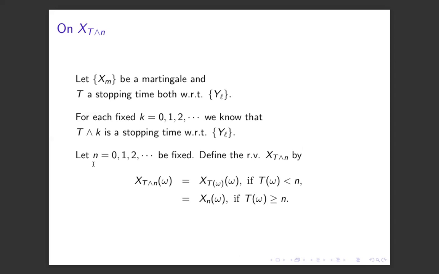So for example, let n be fixed. Define first the random variable X sub t wedge n by: this is equal to X sub T(omega) evaluated at omega if T(omega) is less than n, and this random variable takes the value X_n(omega) if T(omega) is greater than or equal to n.